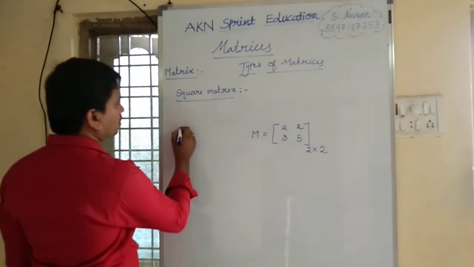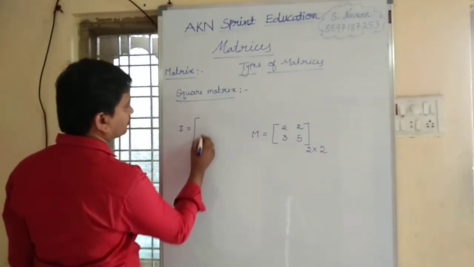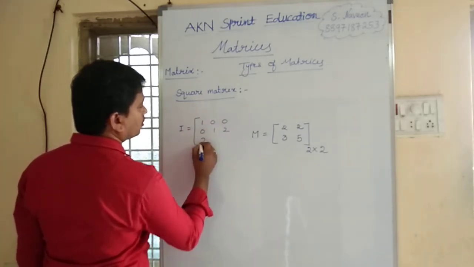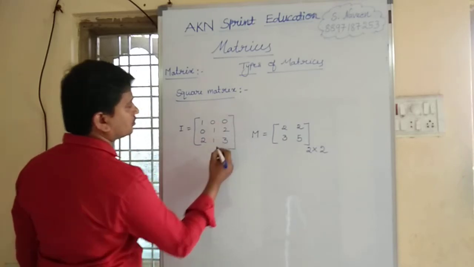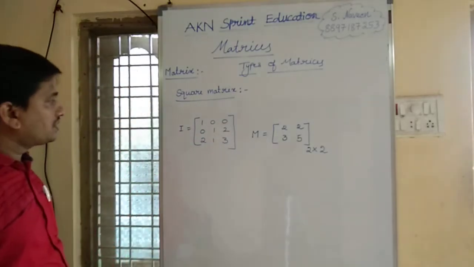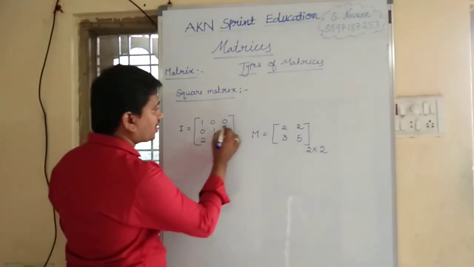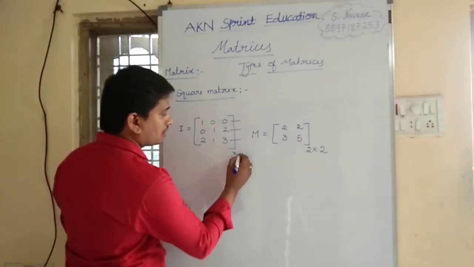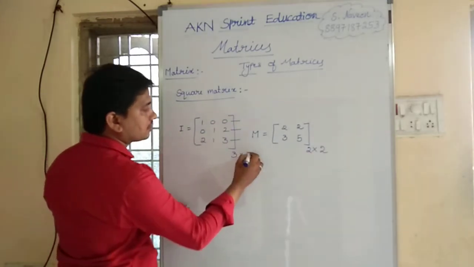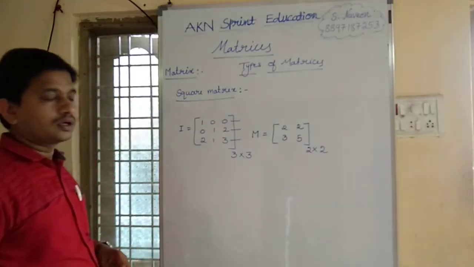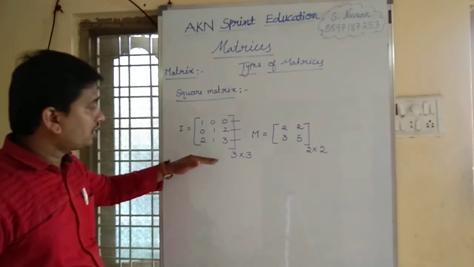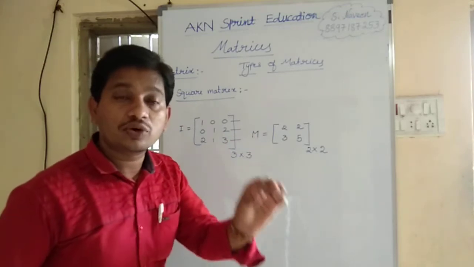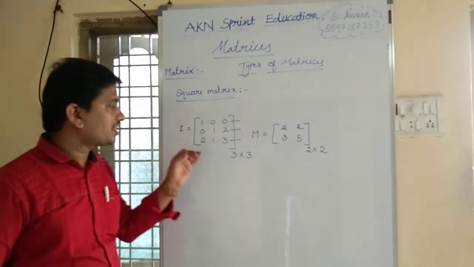Okay, for example, you can see one more matrix: 1 0 0, 0 1 2, 2 1 3. Children, if you observe this matrix I, we have three rows and three columns, and hence the order is 3 by 3.